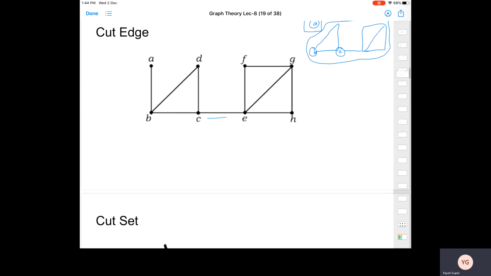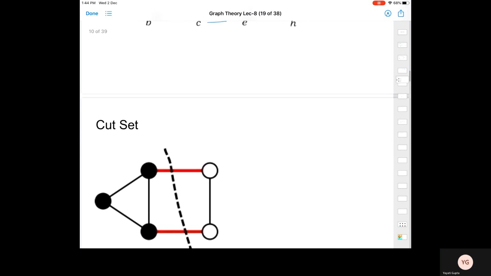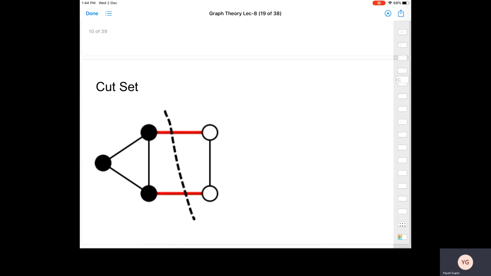Sometimes the deletion of a single edge doesn't make the graph disconnected, but if you delete more than one edge, the graph can become disconnected. The set of these edges, which when deleted result in a disconnected graph, we call a cut set.